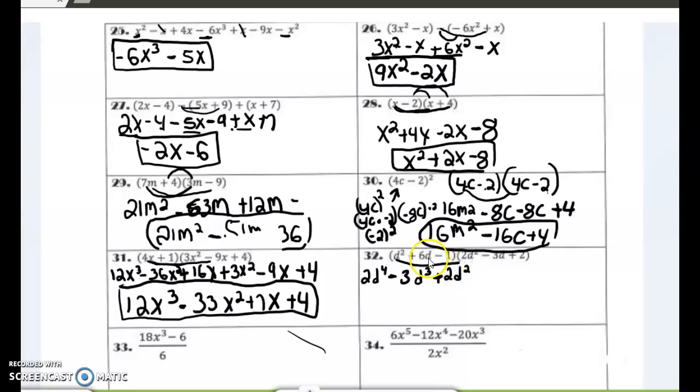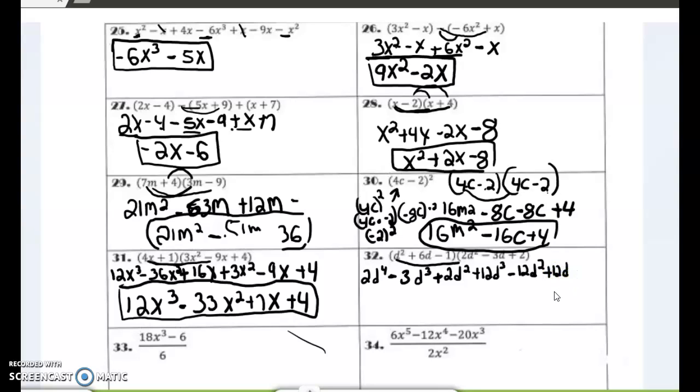Now I'm going to multiply a 6d and distribute it to those three terms. So 6d times 2d would be a positive 12d to the third. 6d times negative 3d would give me a negative 12d squared.